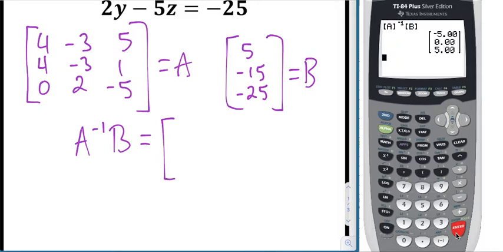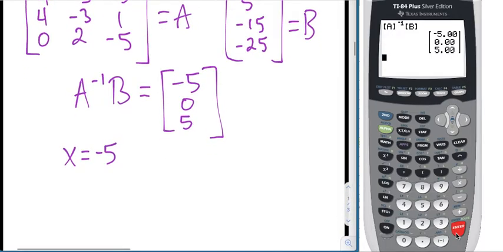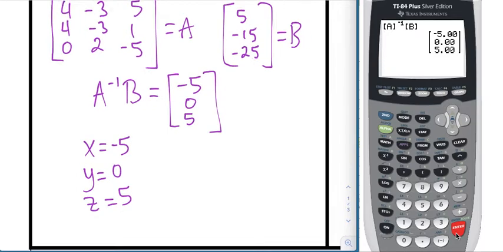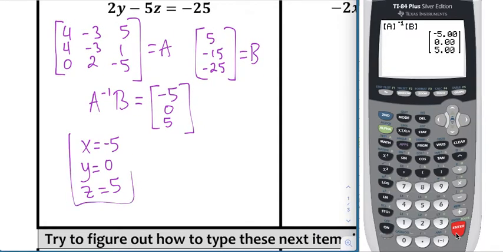And that gets me -5, 0, and 5. So what that means is that X is -5, Y is 0, and Z is 5. So this just solved a system of equations for us, okay, using matrices. So this is what we're looking for, X, Y, and Z.